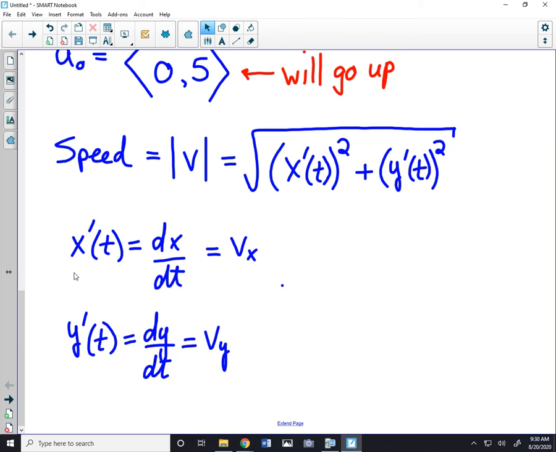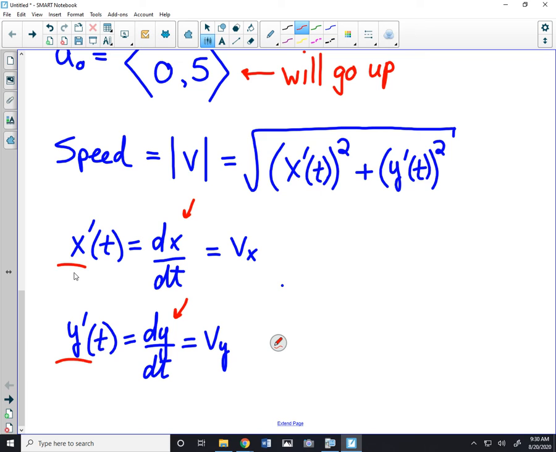This is the derivative of x with respect to time. This is the derivative of y with respect to time. So we got all that right there. And now you know how to find the speed.